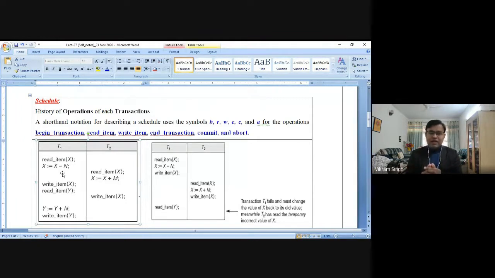Similarly, a transaction processing system also maintains schedule records. A schedule record says, in a whole day of 24 hours, what operations were performed on different data items by different transactions.